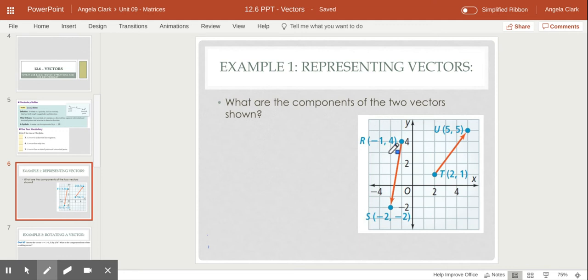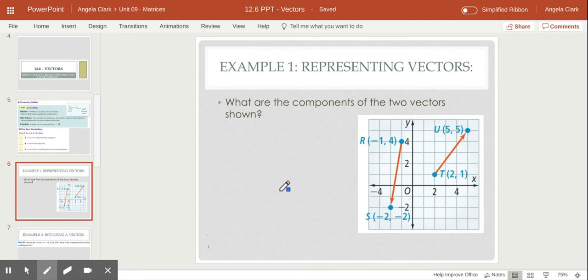So instead of giving the names of the points, we're just going to say, okay, this one went up 4 and over 3. So where it is on the graph doesn't actually really matter. What matters is the magnitude and the direction.